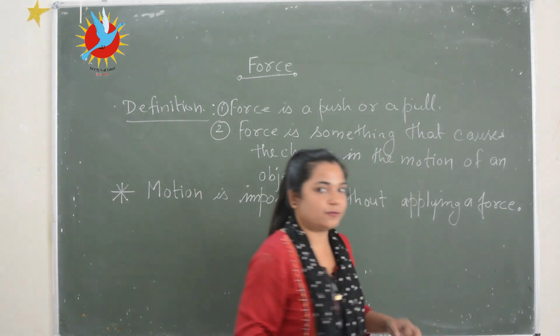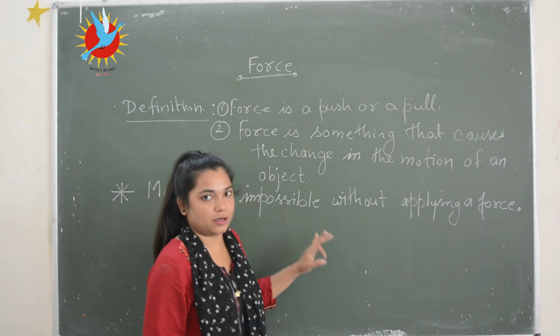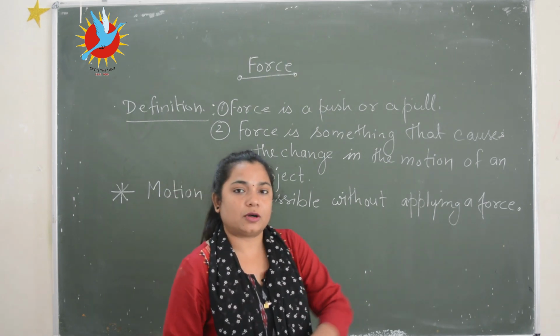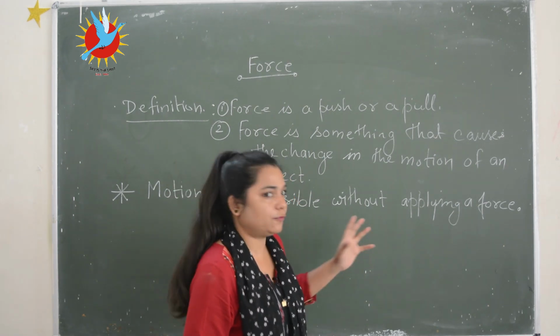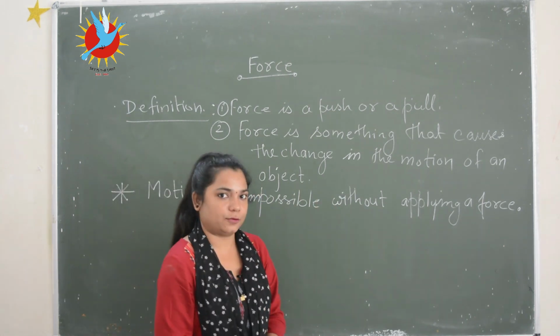You cannot move a football without hitting it or without applying a force on it. Okay. Also, you cannot stop any object without applying a force on it. So, motion is impossible without applying a force.